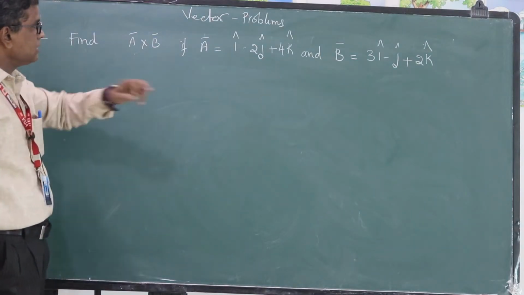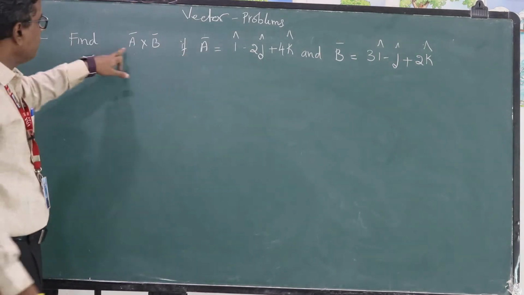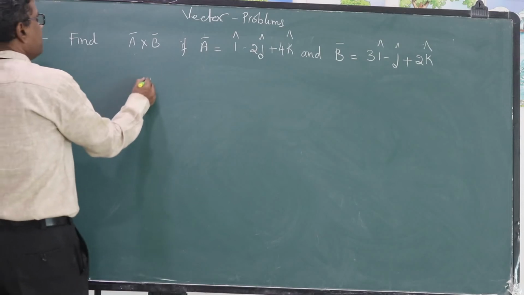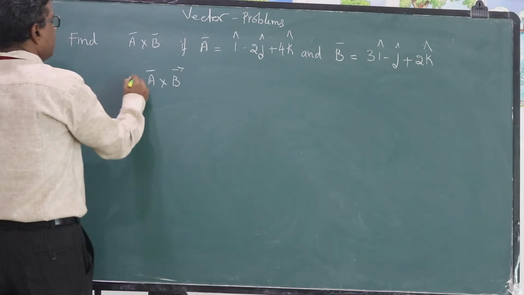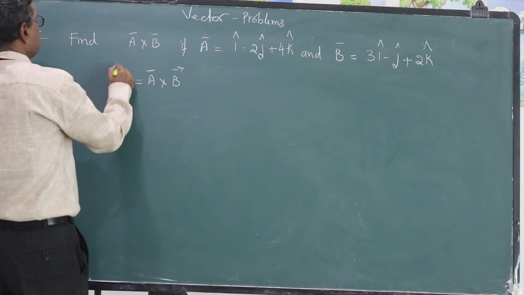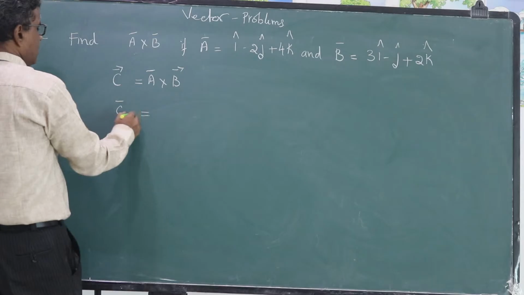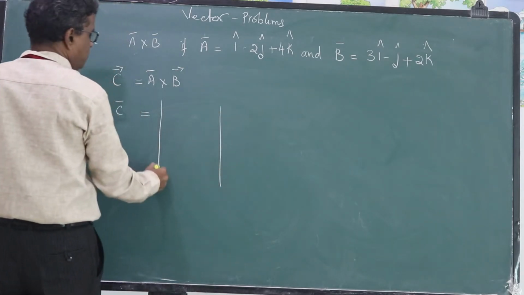So this is a cross product. A bar is given, B bar is given, we want A bar cross B bar. Keep in mind, A bar cross B bar is a vector quantity, so we get another vector, let it be C bar. That C bar is given by a determinant.